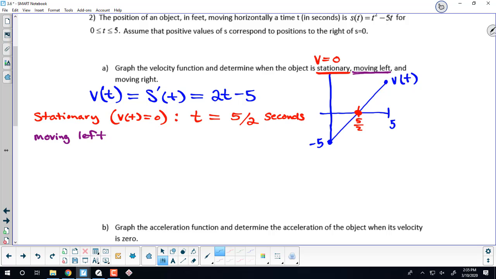So we could graph t squared minus 5t from 0 to 5, see where that quadratic function is positive and see where it's negative. But we're looking at the velocity graph. So it's usually a matter of convention, and it's always consistent. It might not be intuitive here, but moving left is when the velocity is negative. So we need to figure out when velocity is negative, which we can because we have the graph. And then moving right is when the velocity is positive.